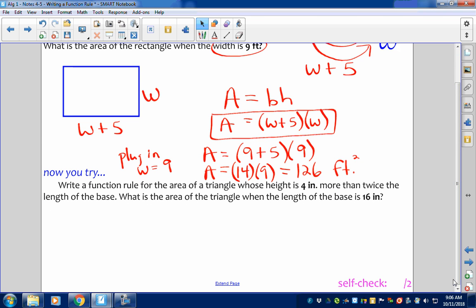And then I'm going to do this one with you. It says write a function rule for the area of a triangle whose height is 4 inches more than twice the length of the base. You can see they're using height and base here. So let me draw a triangle, just a generic run-of-the-mill triangle. Draw its height then. It says here that the height is 4 inches more than twice the base.